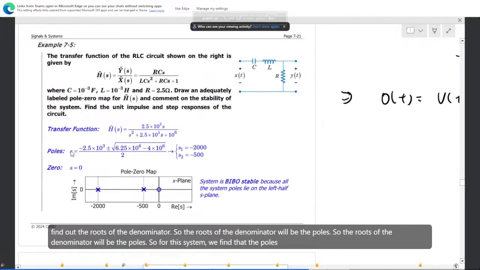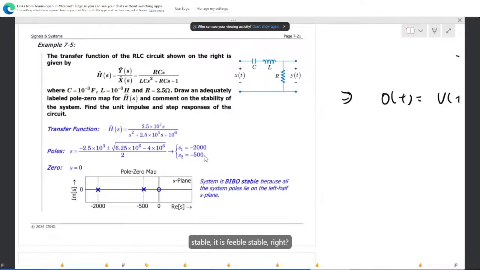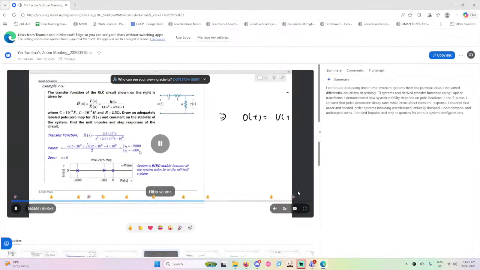For this system, we find that the poles are equal to minus 2000 and minus 500, which means the real parts of the poles are negative. What does it mean? It means that the system is unstable or stable? Stable, it is stable, right?